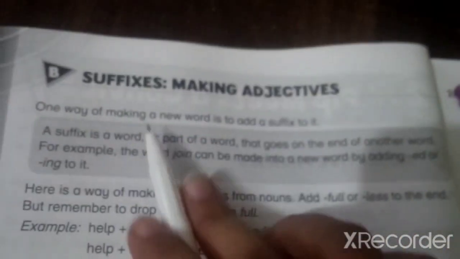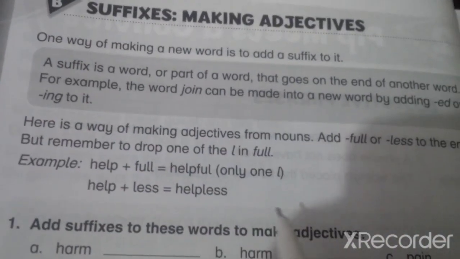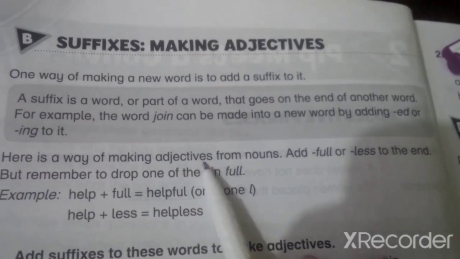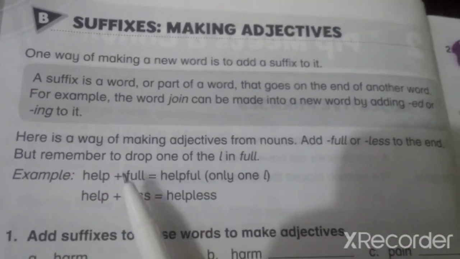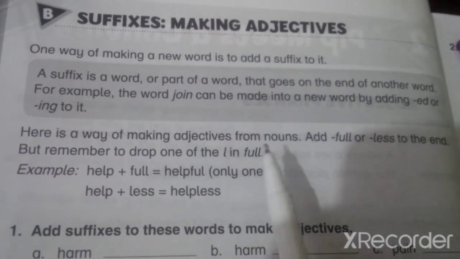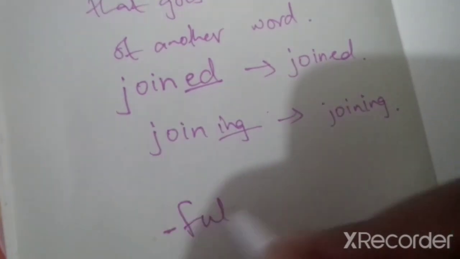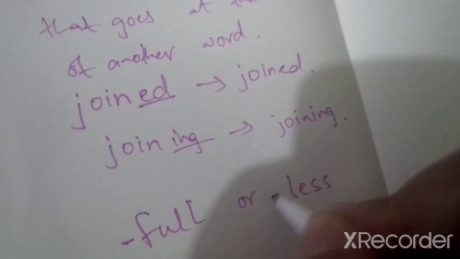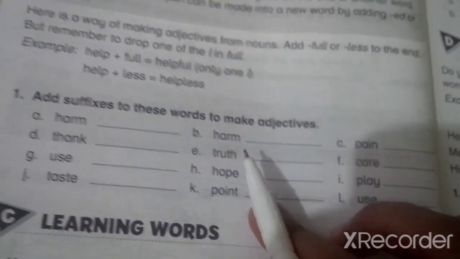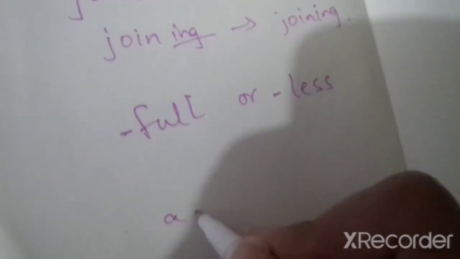Now in exercise B on page number 10, we are going to be making some adjectives by adding suffixes at the end. Now here is a way of making adjectives from nouns. Add full or less to the end, but remember to drop one of the L in full. Now we basically have to add suffix full or suffix less at the end of the nouns that are given in question number 1 of exercise B, and we'll make a new word that will be an adjective.